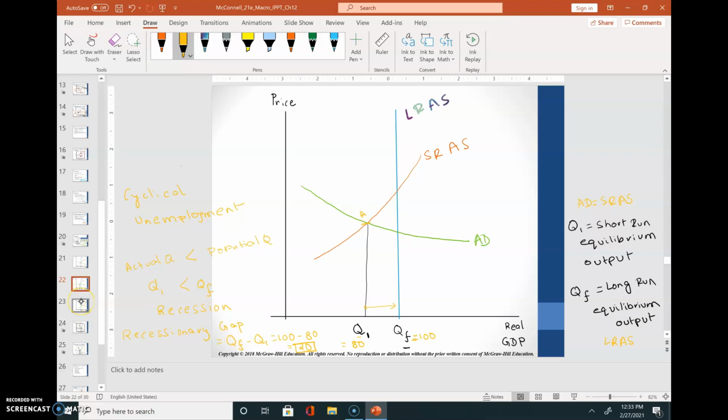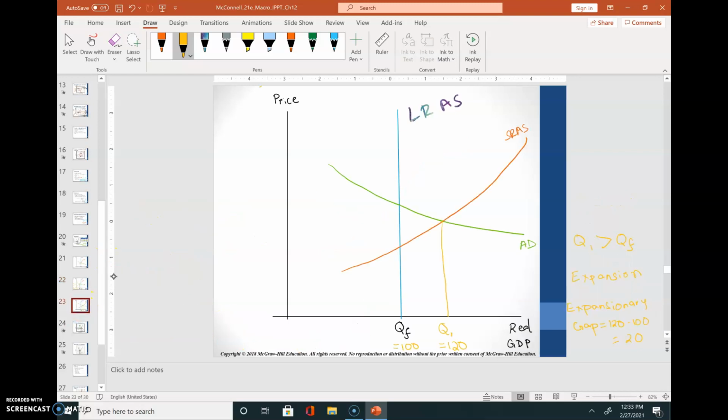All right, the last case is this one, where we have the short run equilibrium to the right of the full employment equilibrium.